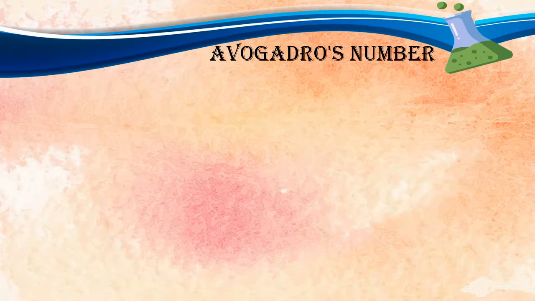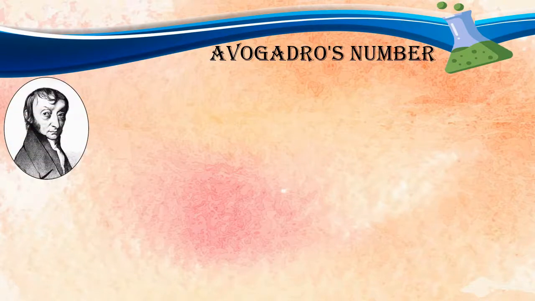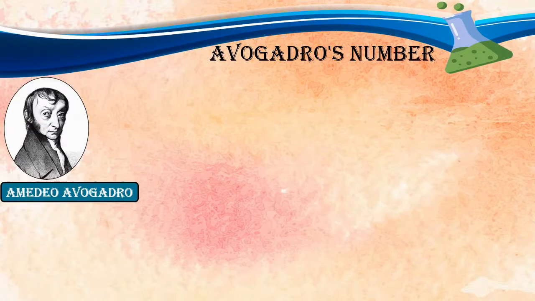We know that 1 mole of any substance is equal to the molecular weight of that substance in grams. The number of molecules in 1 mole of any substance is always constant. The Italian scientist Amedeo Avogadro did pioneering work in this context.